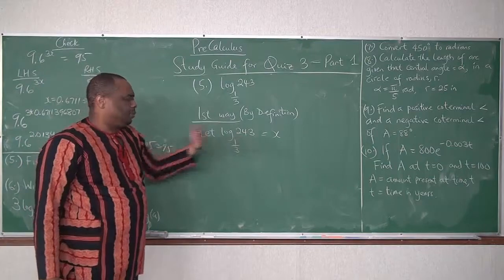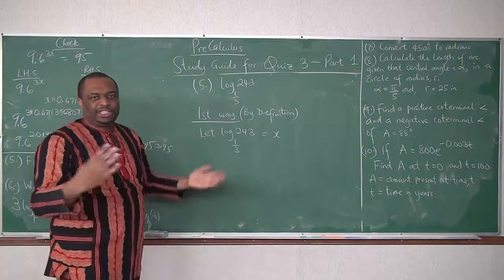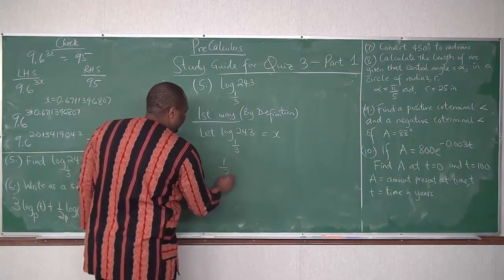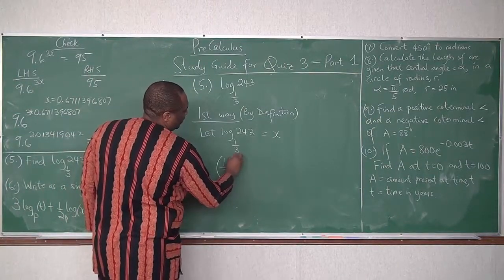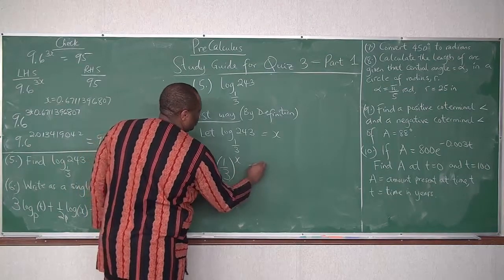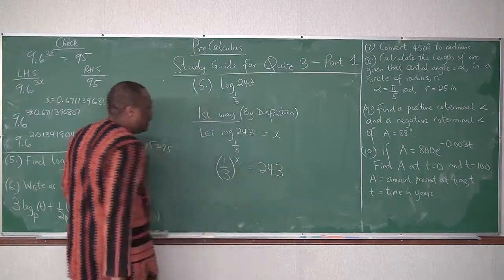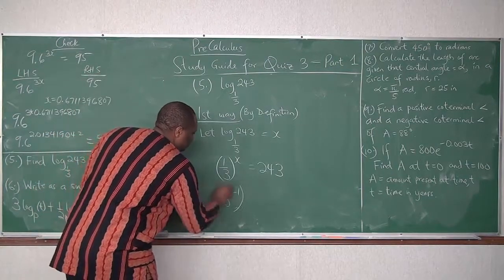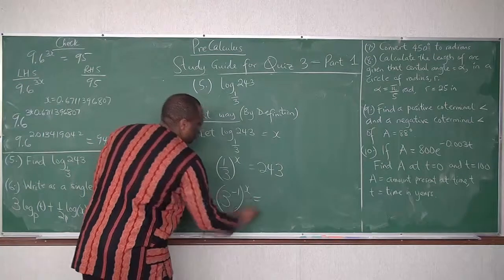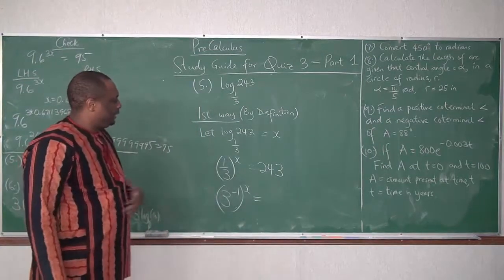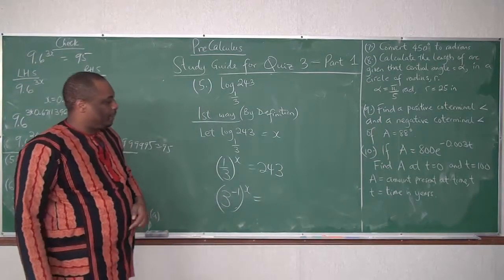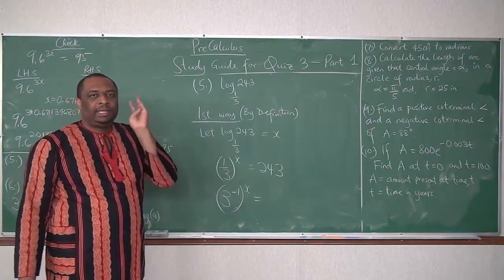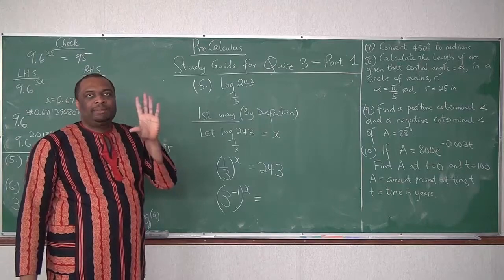I want to put this equal to x, then by the relationship between exponents and logarithms, I would have 1 over 3 exponent x equal to 243. And now 1 over 3 means 3 raised to power negative 1, so 3 raised to power negative 1 times exponent x equals 243. And 243 is 3 raised to power what? 3 times 3, 9, times 3, 27, times 3, 81, times 3, 243.